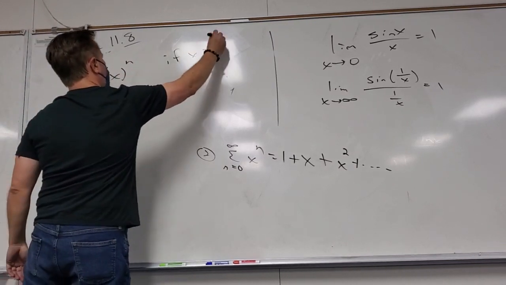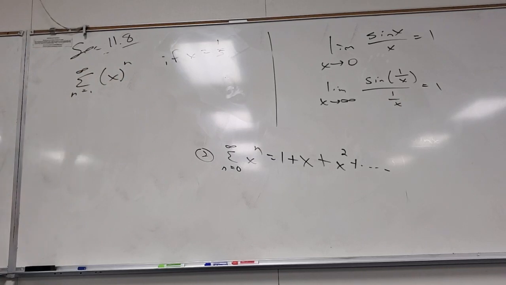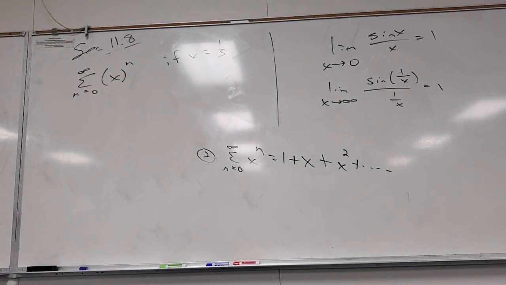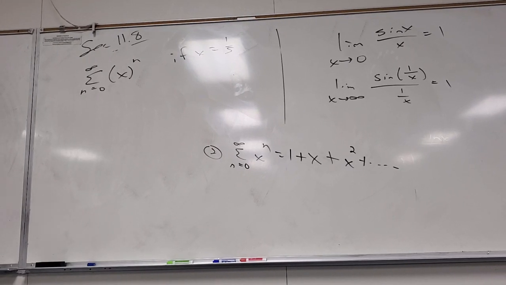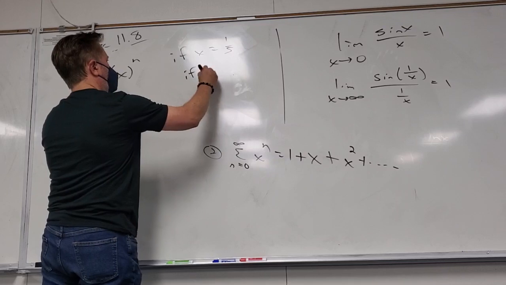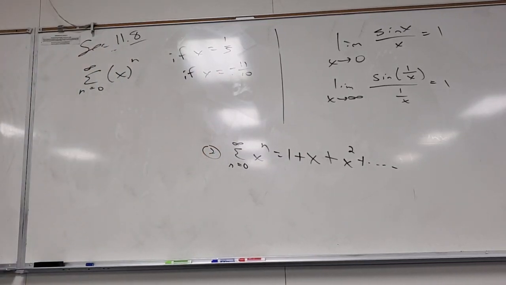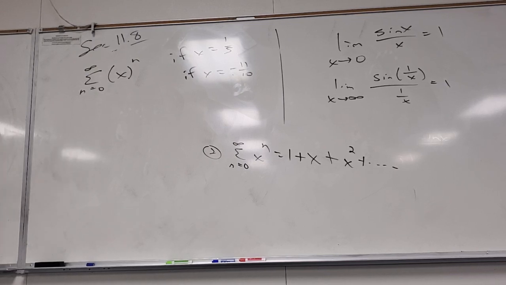So look at this guy. If x is 1/5, can anybody tell me anything very specific about the resultant series? It's a convergent geometric series, right? What if x equals -11/10? Divergent, because the absolute value of that is bigger than 1, so that's a divergent geometric series, right?